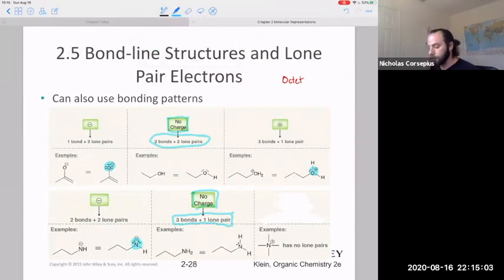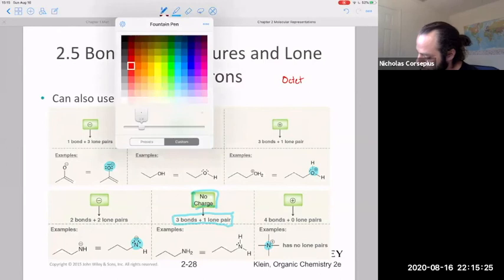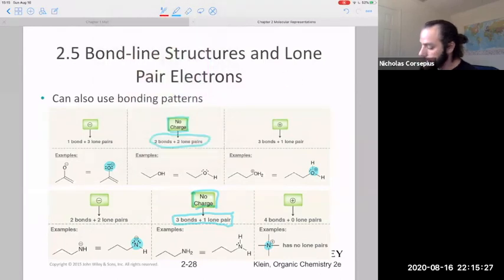So this is a nitrogen with 2 lone pairs and 2 bonds, has a -1 formal charge. And the other extreme, it has 4 bonds and no lone pairs. And again, this should make sense just by thinking about electron density. Obviously, the more lone pairs, the more electron density is sitting on that atom.